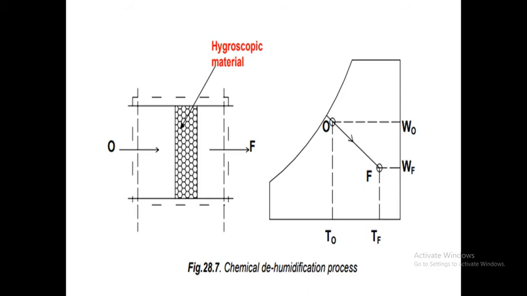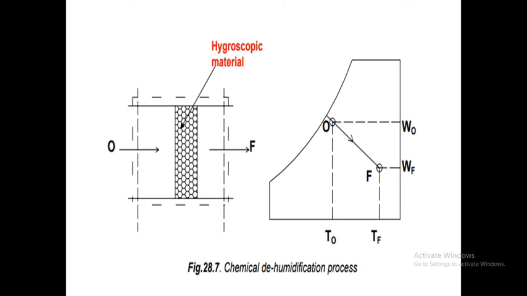It starts from the given DBT condition and extends downwards towards the right to the final DBT condition. Here, O to F: point O represents the initial DBT condition, the temperature is T0, and F indicates the final DBT condition, the temperature is TF.